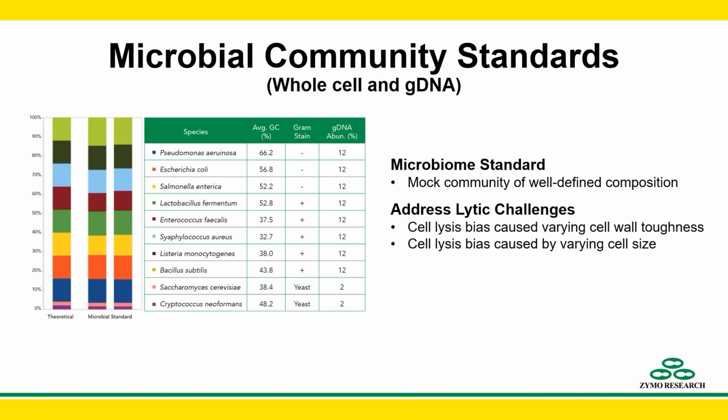Knowing the abundances of these, and that there are different lysis difficulties for these microbes, it then becomes relatively easy to start picking up things such as biases caused by lysis.